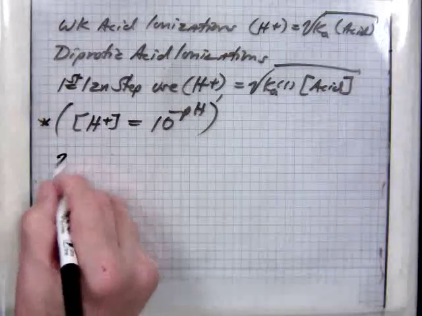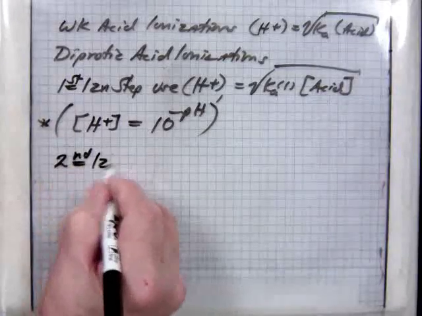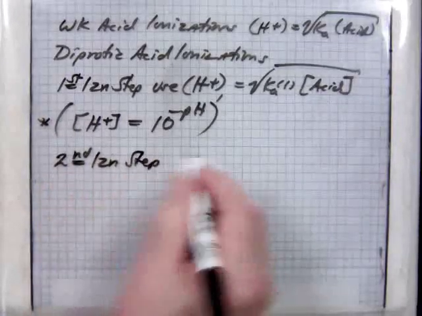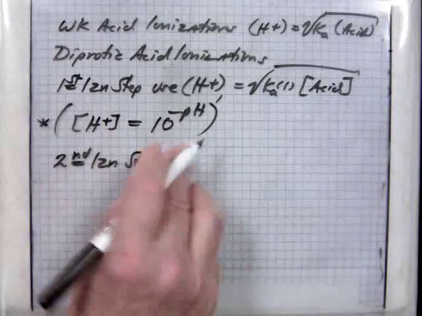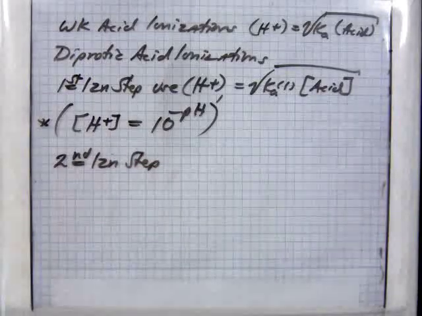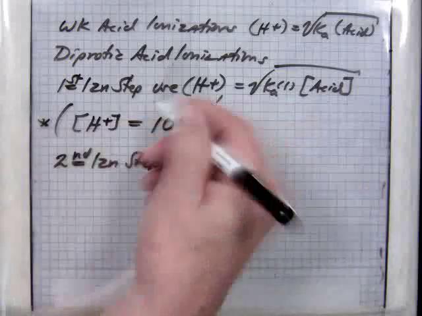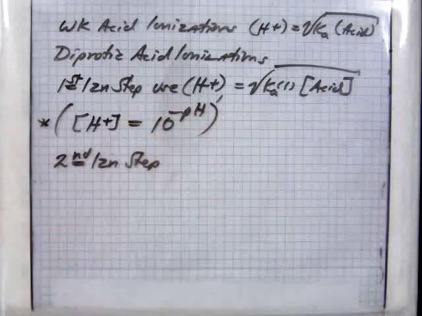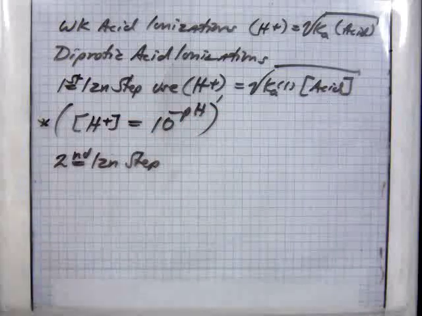In the second ionization step, really you don't consider the second ionization hydrogen because it's so small it doesn't contribute. Everything's assumed to be from the first one. The only thing that's important in the second ionization step is the anion, and it's the ion in the lowest concentration.